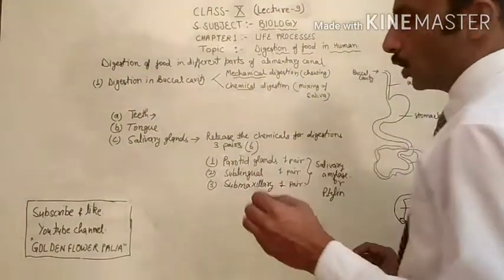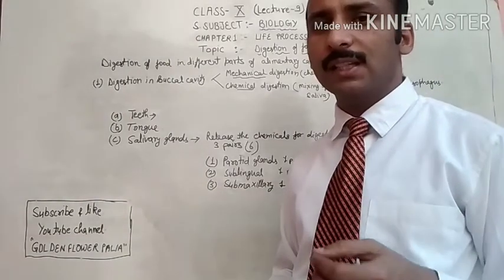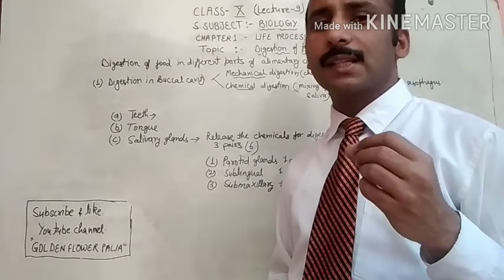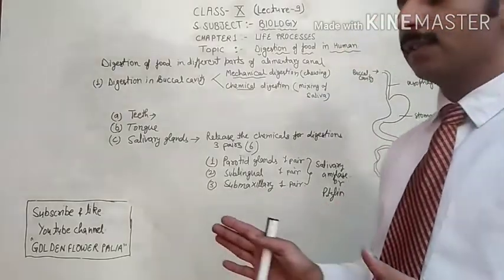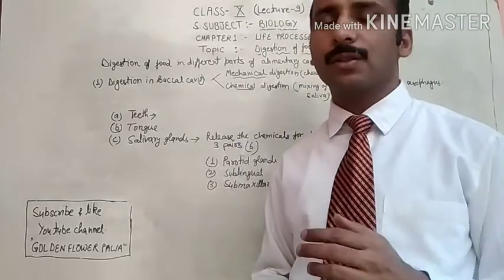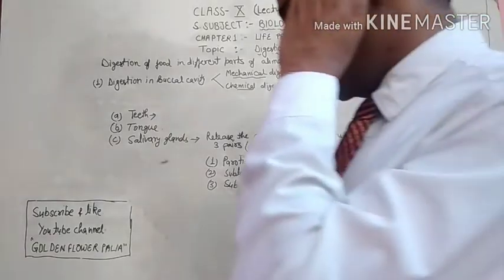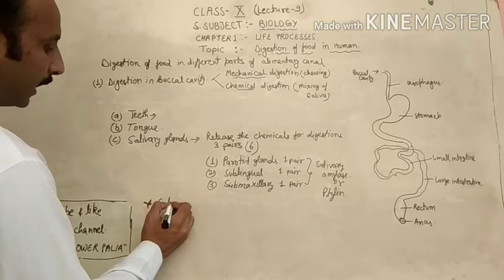It is a very short type of question, that which chemical is released from the salivary glands. Then answer is salivary gland release the special chemical that is called the salivary amylase or ptyalin, and this is the collective secretion of the all 3 pairs of the gland: parotid, sublingual and submaxillary.